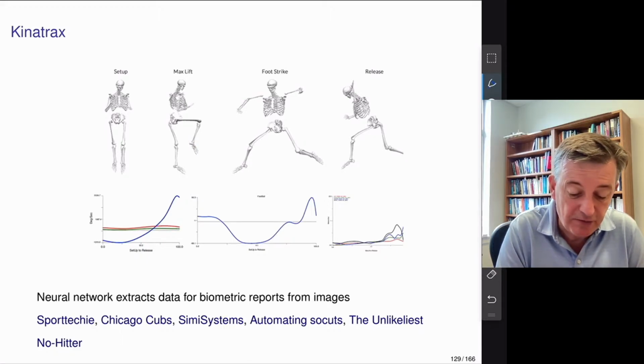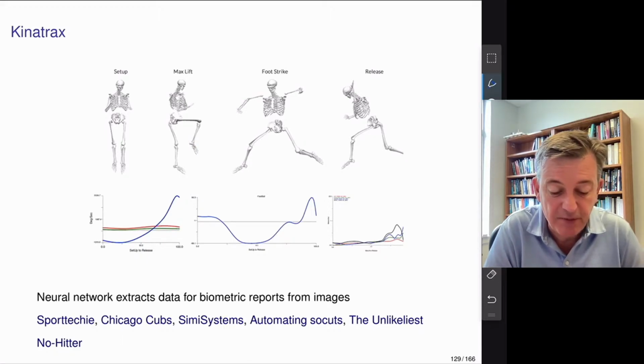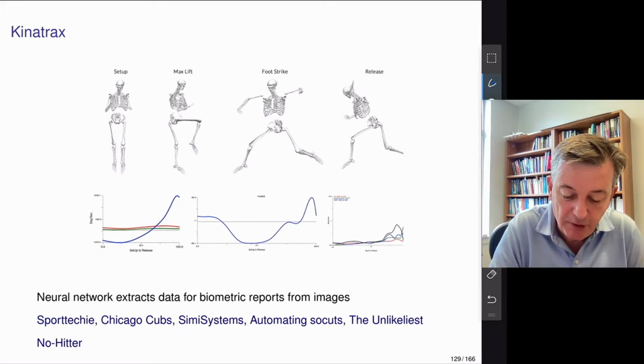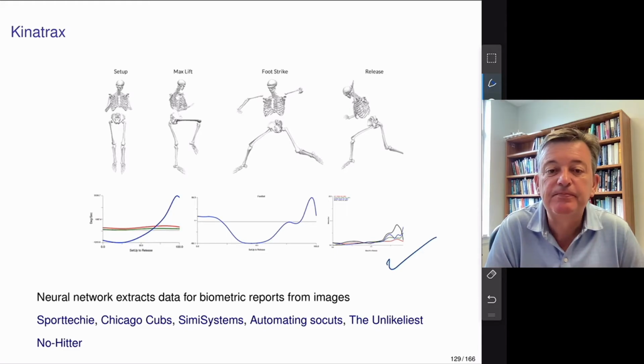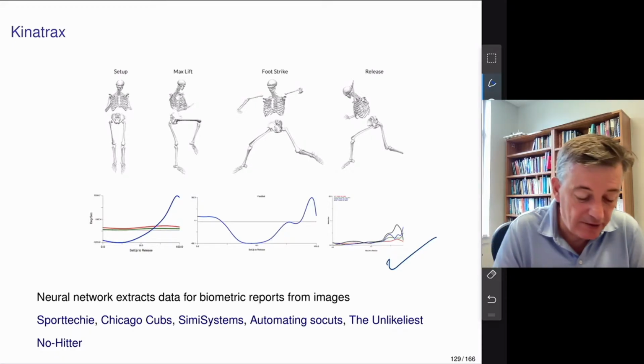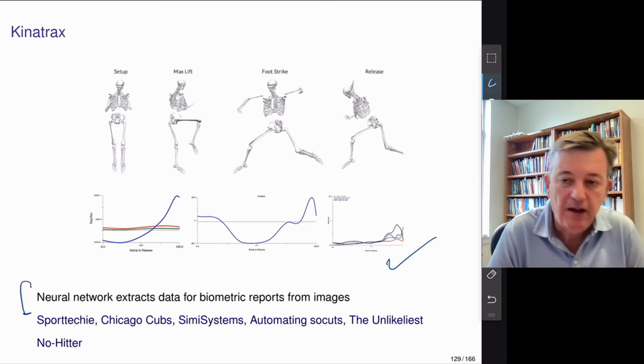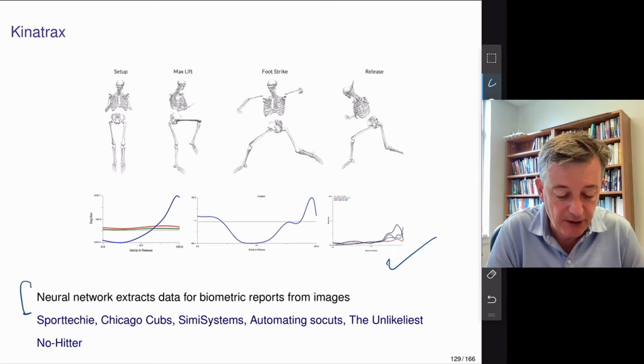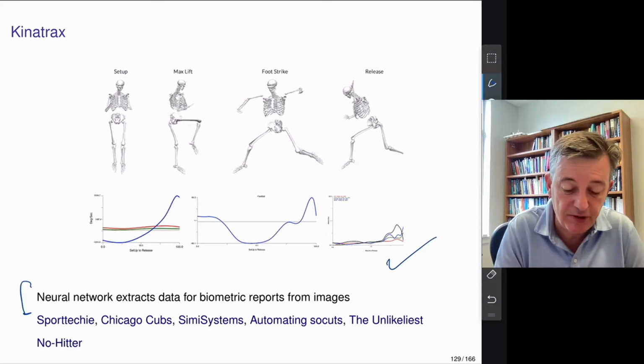So you can see different skeletons of people from setup to maximum lift to foot strike to release, and you get plots from the video footage, so the pitcher can get some feedback on what he's doing well. So I think the interesting thing here is that sensors have been replaced really by neural networks that just extract data from these biometric reports and from images and video footage.